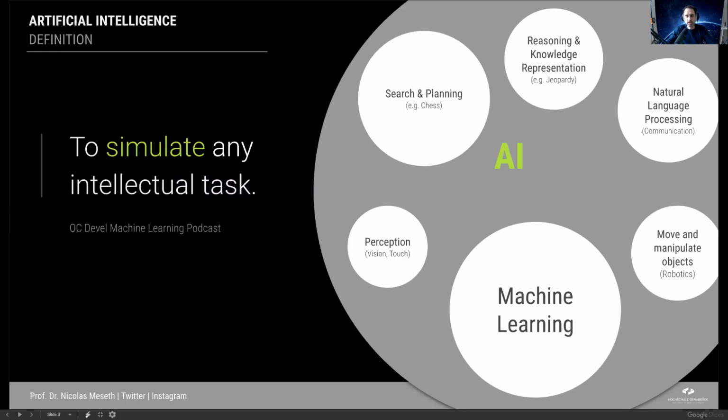So these are basically all things that humans with our brains can do well, but sometimes we try to transfer a certain intellectual task to our machines because they might be able to do them better or faster or with fewer errors. So these are all examples for that. So maybe we can go through them really quickly.